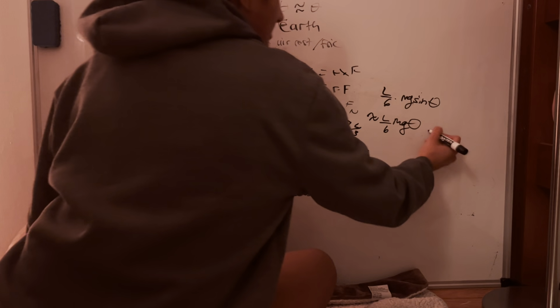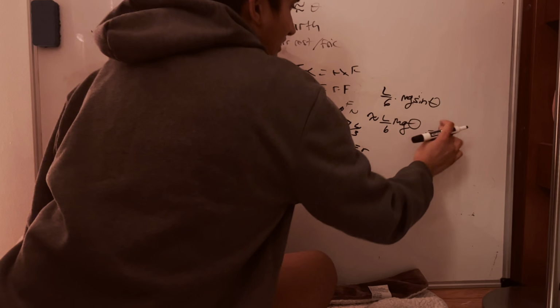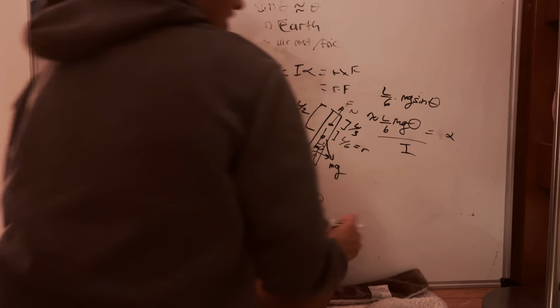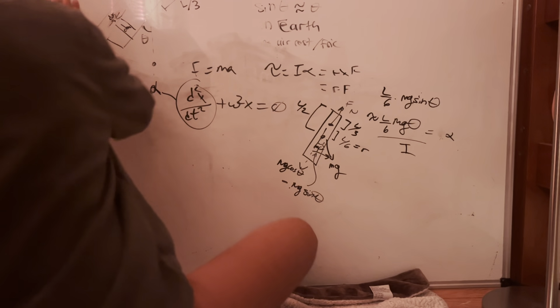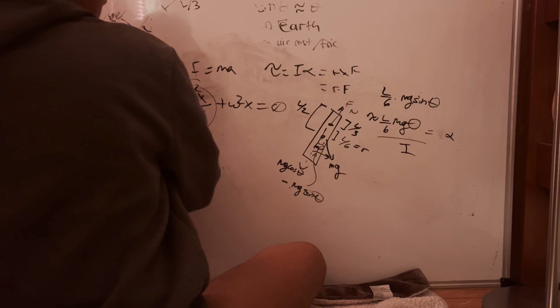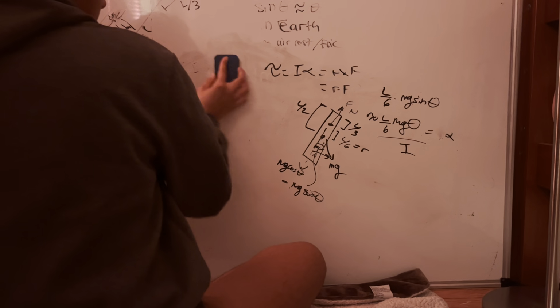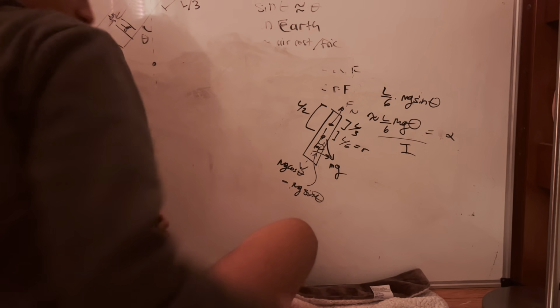Okay, and this is equal to I alpha. Solving for alpha, we get that mg sine theta divided by I is equal to alpha. Making some room here. Erase this for a sec. Okay.